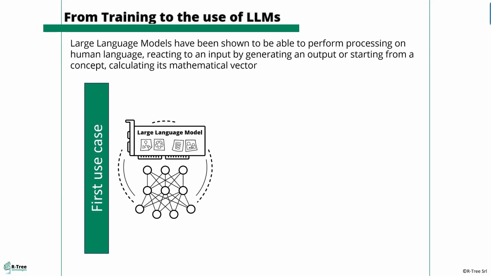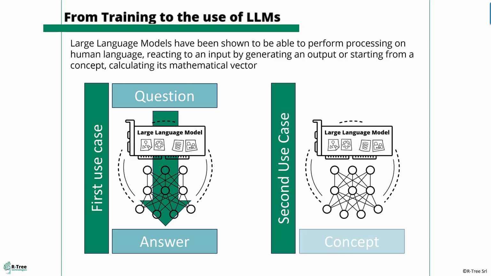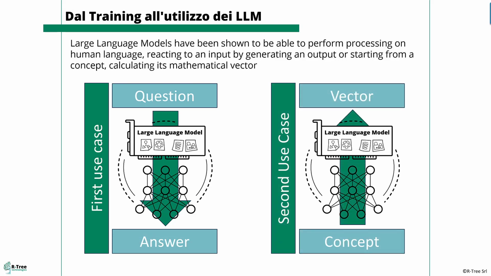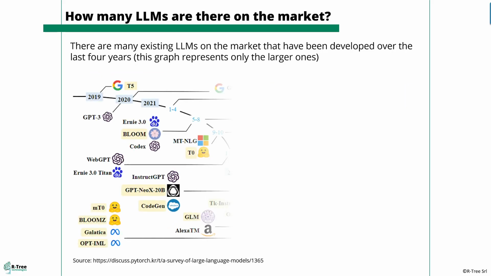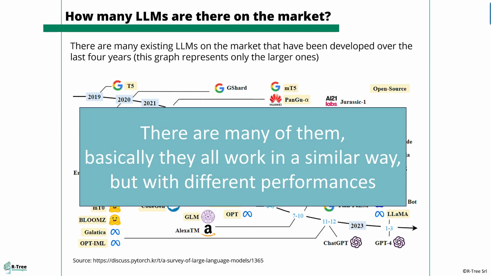First use case: from a question to an answer. Second use case: from a concept to a mathematical vector. And, by the way, there are many large language models on the market, starting from the first one created in 2019 up to today. Basically, they all work in a similar way.